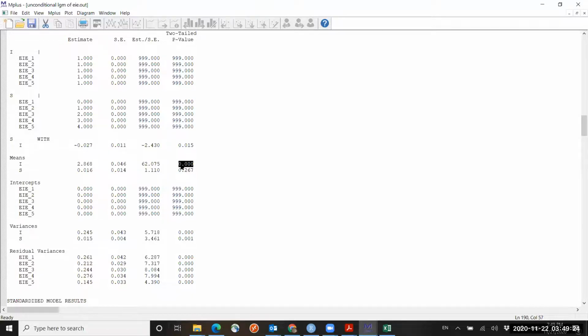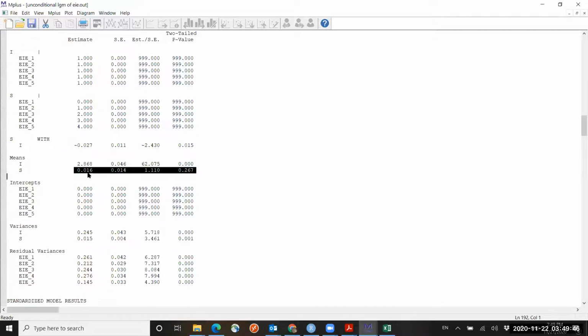Statistically significant here just means it's different from 0. And the mean of the slope is 0.016, which is not statistically significant. So this is saying that on average, there is no growth in ethnic identity exploration from time to time.